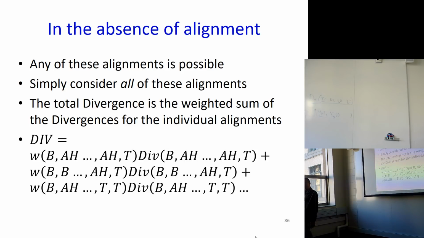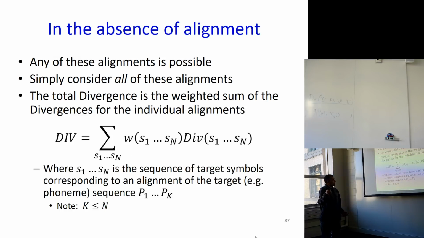And the way I'm going to consider the entire lot is I'm going to compute a weight for each alignment and multiply the divergence for that alignment with the weight for the alignment, and I would compute a weighted combination of the divergences for every possible alignment, right?